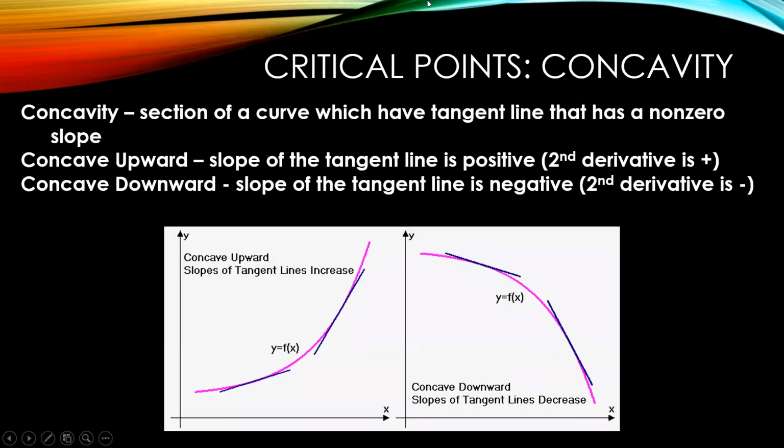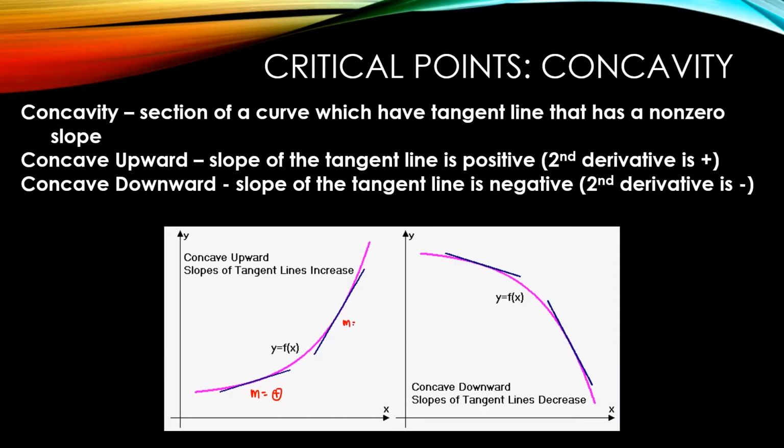So going here, let's go to the critical points and the concavity. Concavity is a section of a curve which has tangent lines with non-zero slopes. Look at the pink curve. You can see that there are certain tangent lines. In this case, the slope is positive.